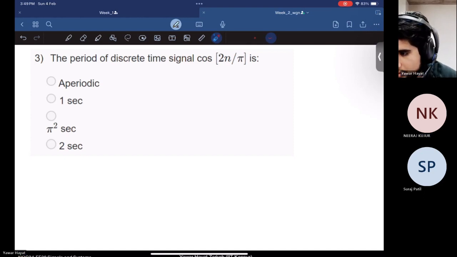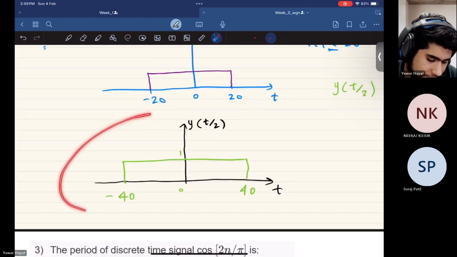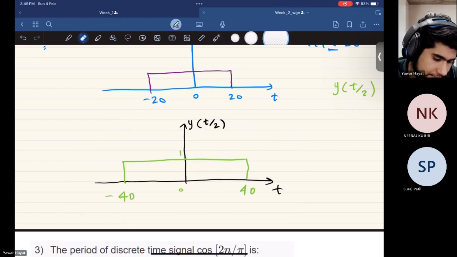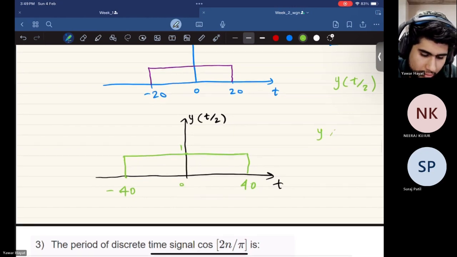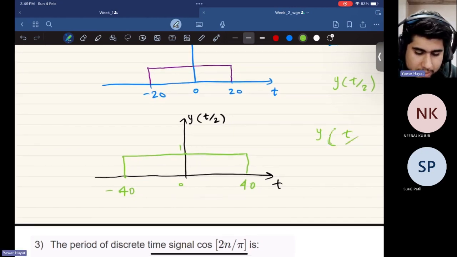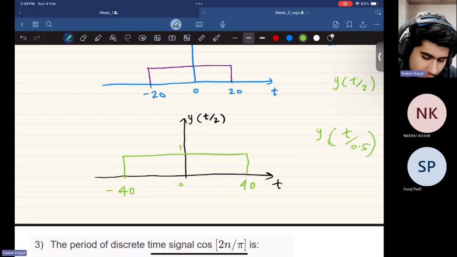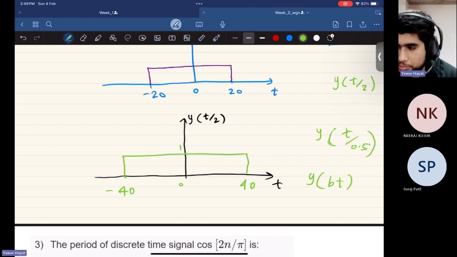However, similar to this problem, what is y of t by 0.5? I'm asking you, Suraj. I want you to write it in the form of y of bt. What would b be?